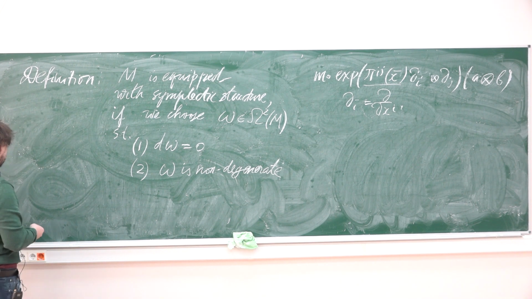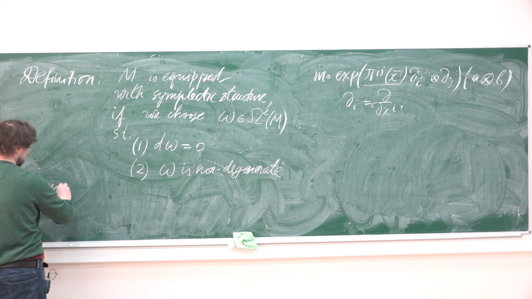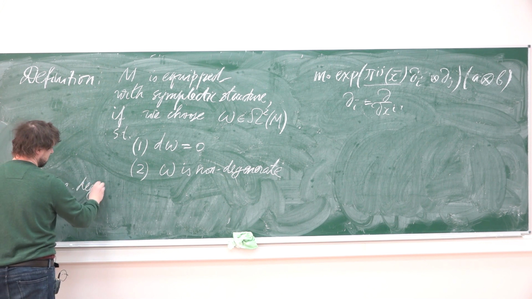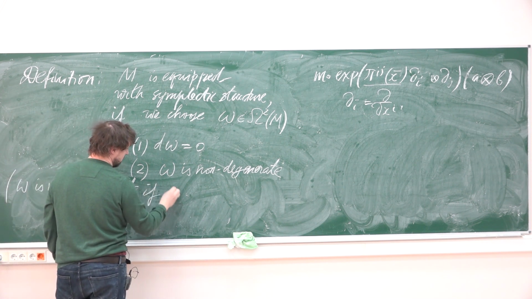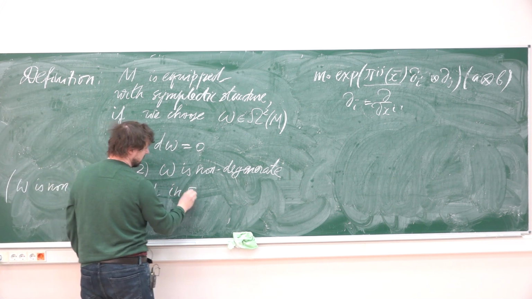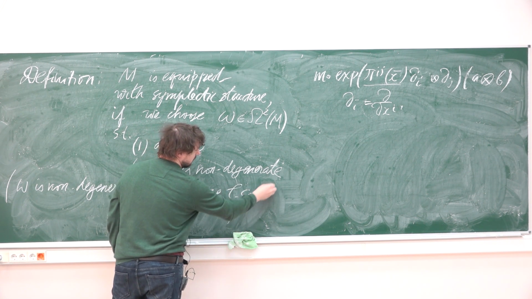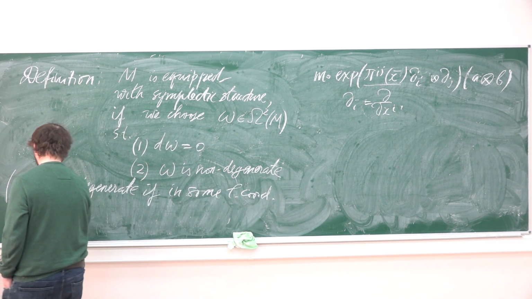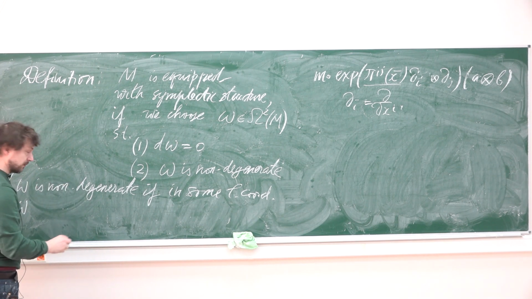So what does it mean that it is non-degenerate? Omega is non-degenerate if in some local coordinates the matrix which represents omega is invertible.